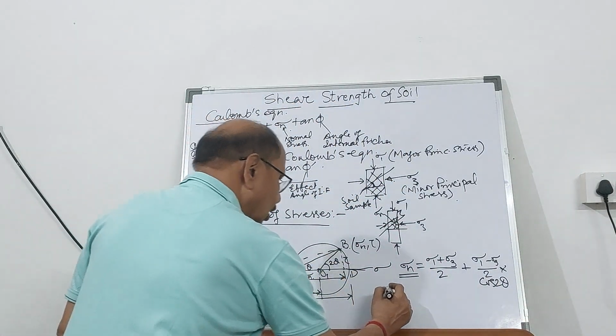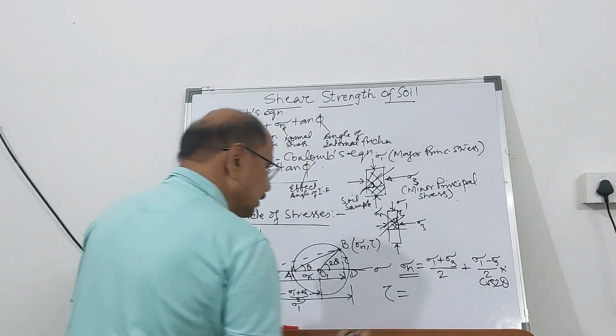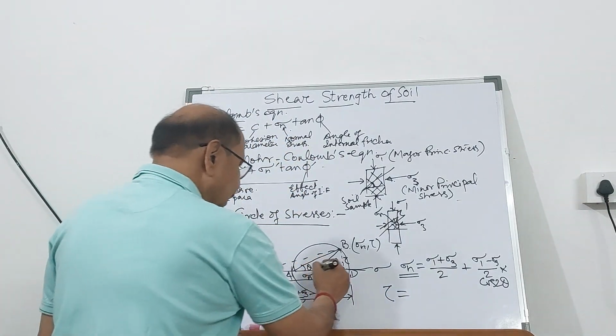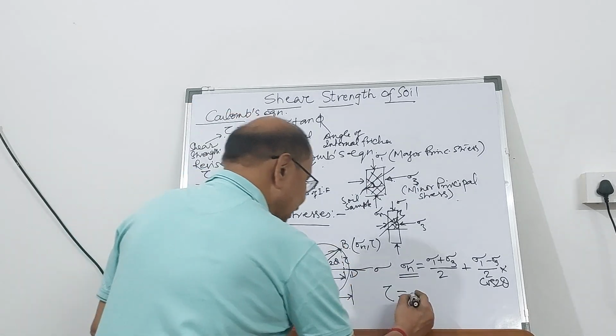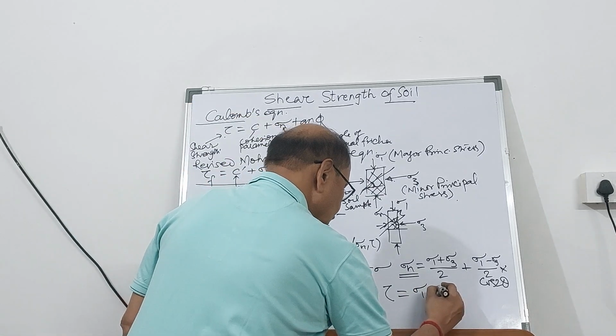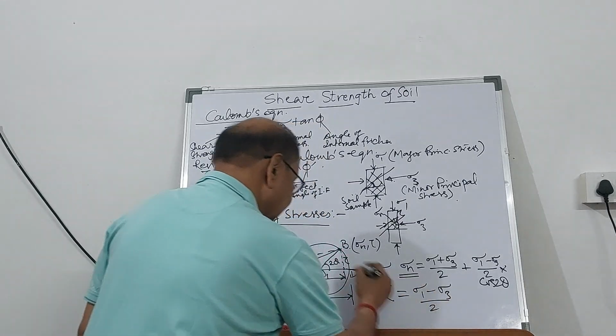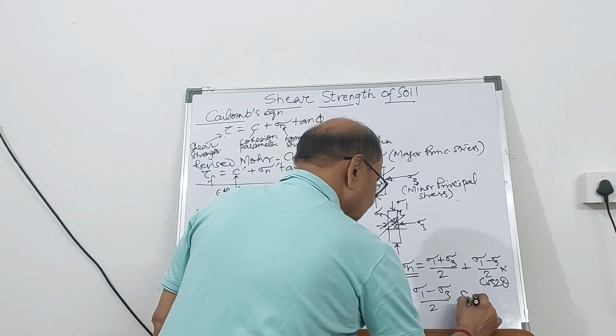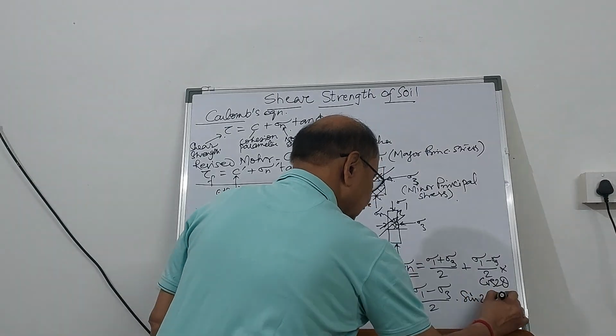And the value of tau, the mobilized shear on that plane, will be simply sigma 1 minus sigma 3 by 2, this radius, into sine 2 theta, the vertical component.